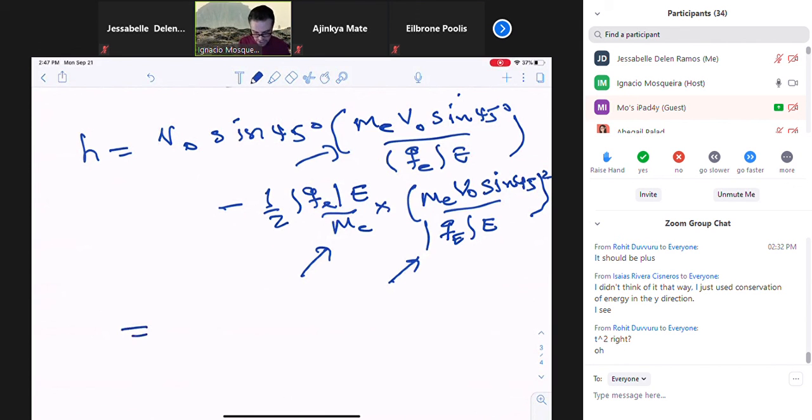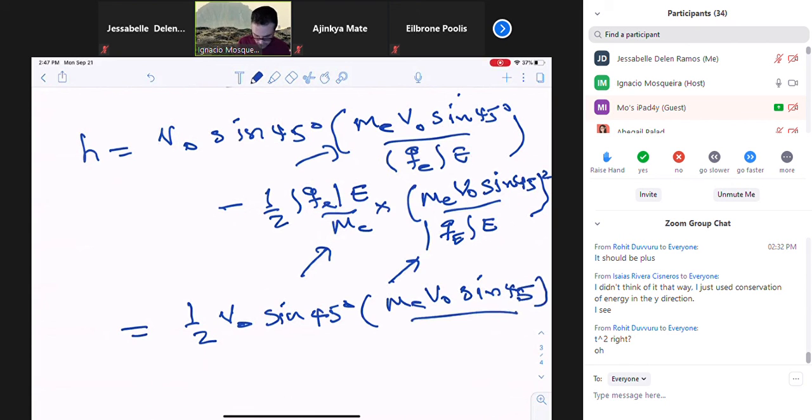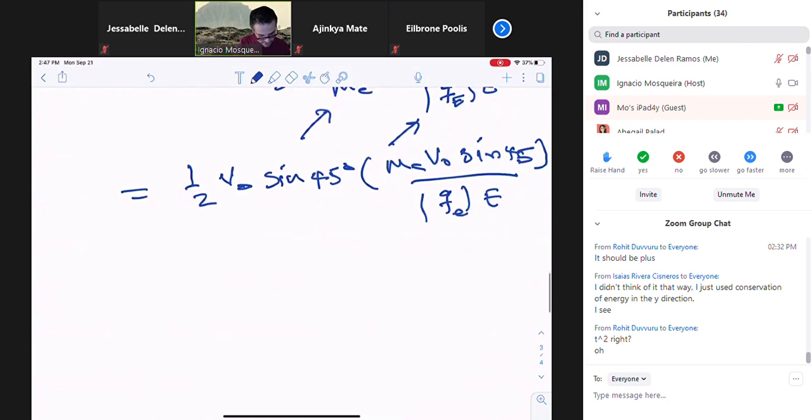So the whole thing I wrote here becomes this: 1/2 V0 sine of 45 times ME V0 sine of 45 divided by QE times E. That's it. So that's the same thing as above.